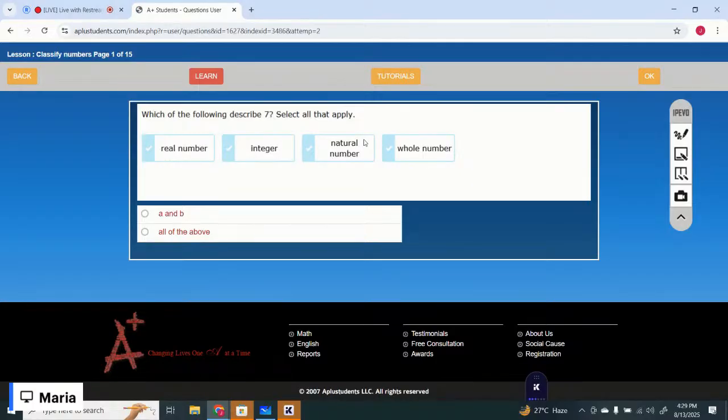Which of the following describes 7? Real number, integer, natural number, whole number. So 7 is a real number, an integer, a natural number and a whole number.